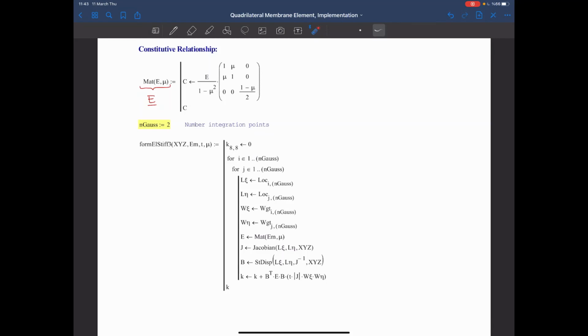At every point I'm calculating the Jacobian, I'm calculating the strain displacement relationship for that particular point, and I'm doing the numerical integration. Here, if you think about it, the determinant of the Jacobian will give me the area of the particular point.